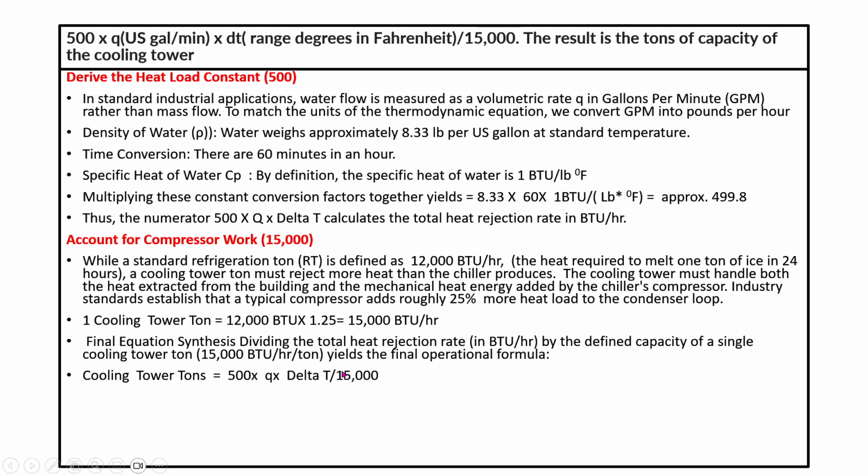That's why the 15000 figure has come, and the 500 figure has come due to the factor 8.33, the water density in gallons per minute, and 60 is for converting to per hour, meaning 60 minutes. So I think the figure has come.